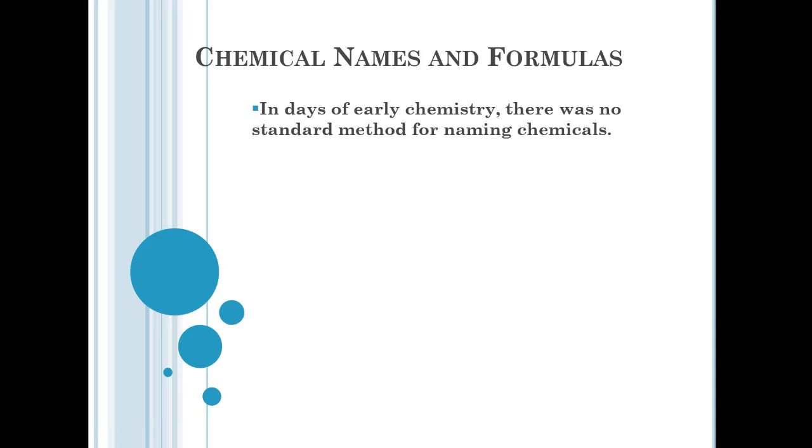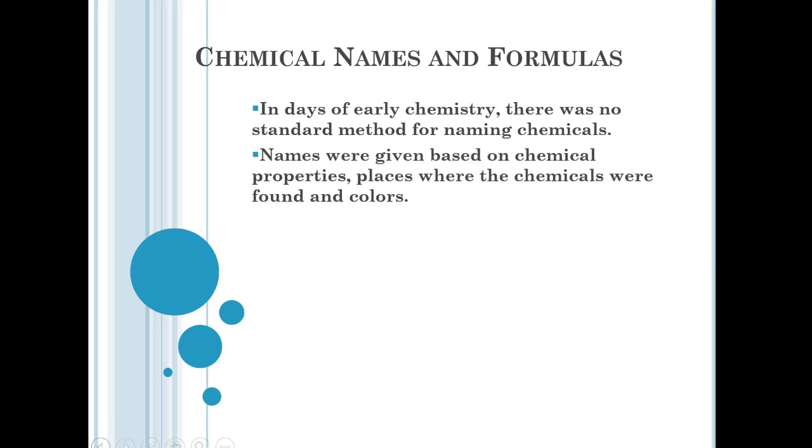So the chemical names and formulas that we use nowadays, they didn't really exist until recently. They used to use just kind of weird names for things all the time, based on where they found them, what color they were, what they were used for, things like that. So blue vitriol, I'm not even sure what that is, something copper, I'm sure.